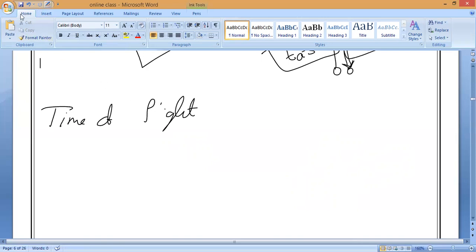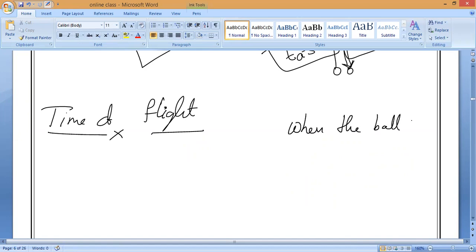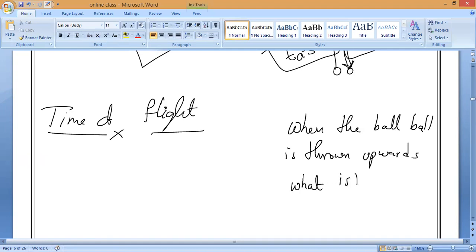If the body is thrown upwards, what is the total time to reach the ground back? That is when we have to use the time of flight formula. Is it okay? How simple it is?